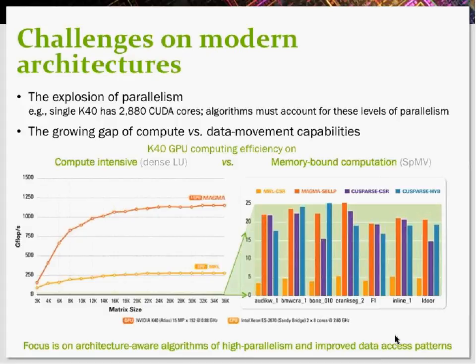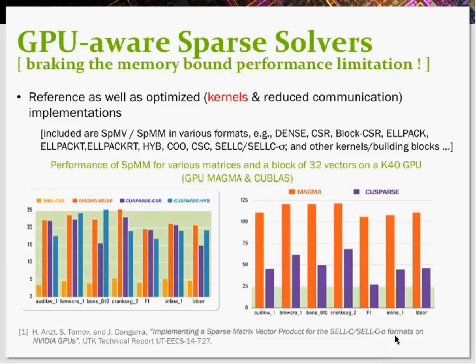That's just a slide from before to highlight again what is here for engagement. So what we want is to develop algorithms that beat these memory bound limits, 20 gigaflops. So we're looking for algorithms that do that. An example is if you have multiple vectors.